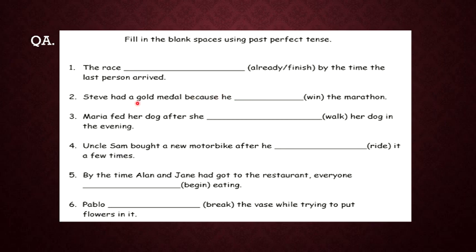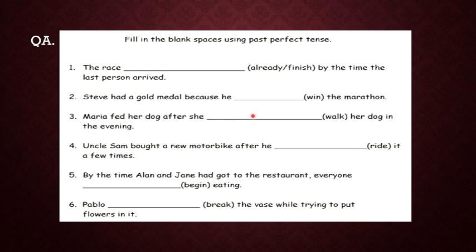Okay. Now next, Steve had a gold medal. Here had is a past form because he blank win is your verb, the marathon. So that means he had a gold medal because earlier winning action had happened. Then only he got a gold medal, right? So the action of winning will come in past perfect. Maria fed her dog after she blank walk her dog in the evening.